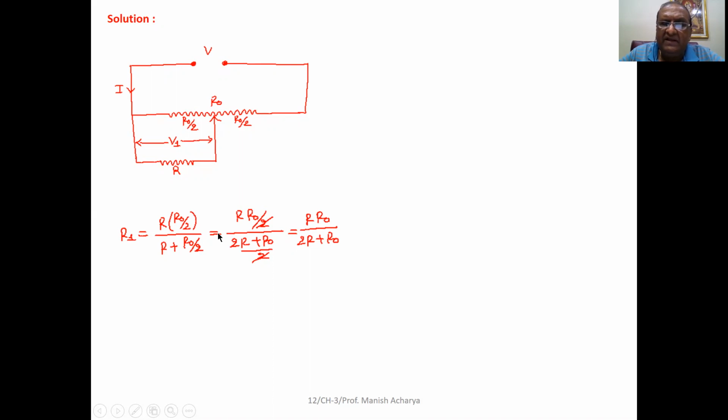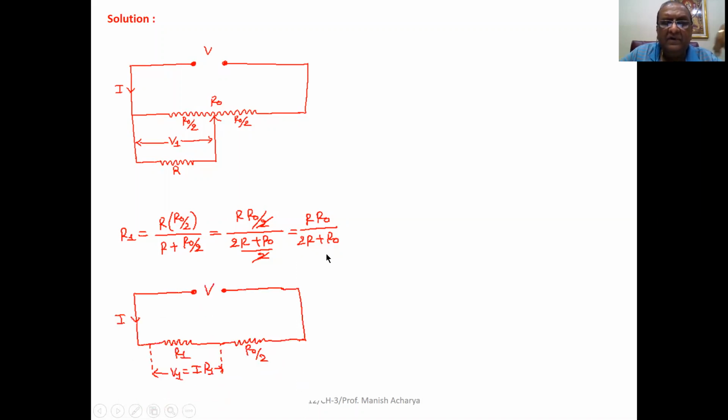So we will get R R0 by 2 upon, taking LCM 2, 2R plus R0 by 2, 2 cancelled. So resultantly you will get R1 equal to R R0 upon 2R plus R0.